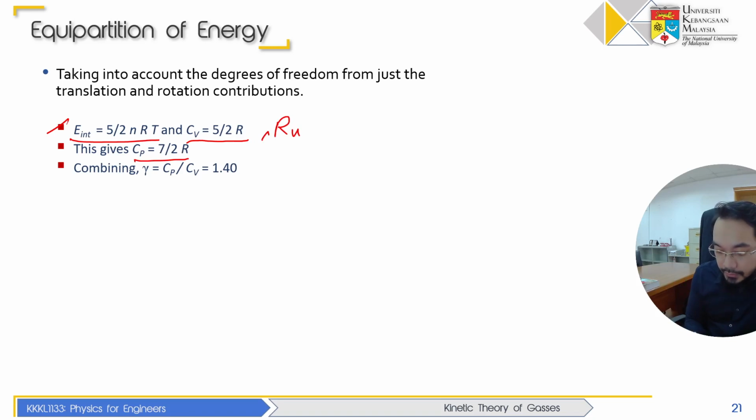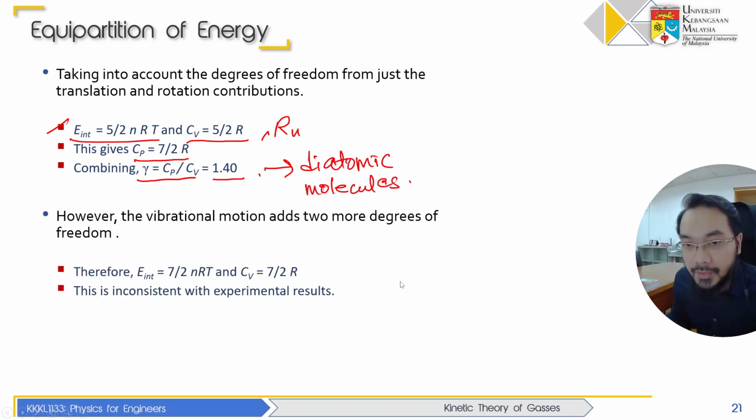And therefore the ratio gamma is no longer 1.67, but rather it is 1.4. So this is true for any diatomic molecules, if there's translational and rotational. If we have vibration as well, we have to add 2 more degrees of freedom, and then it becomes like this.